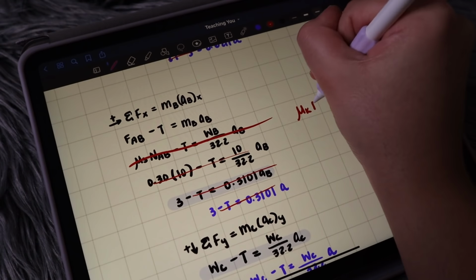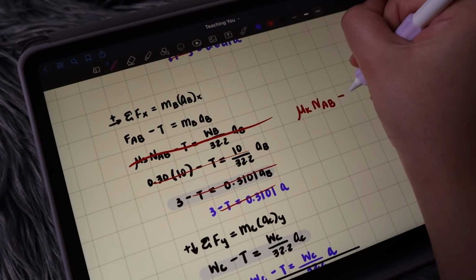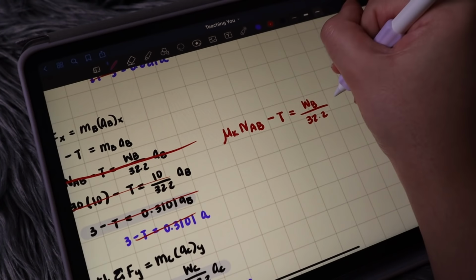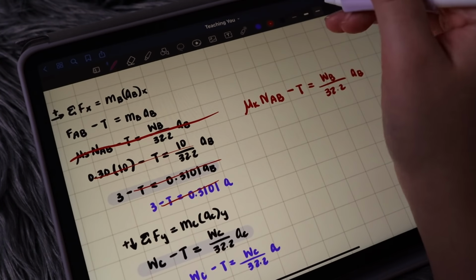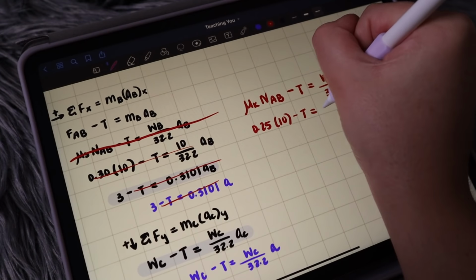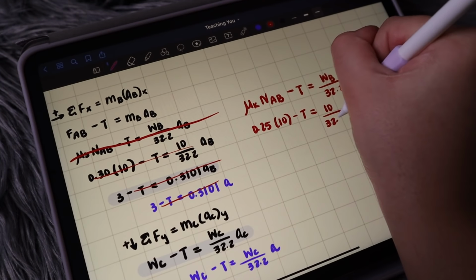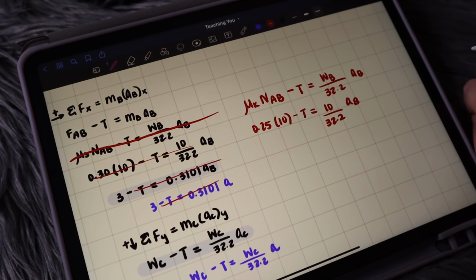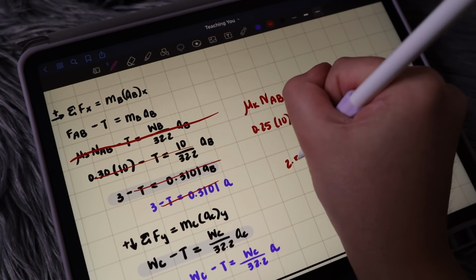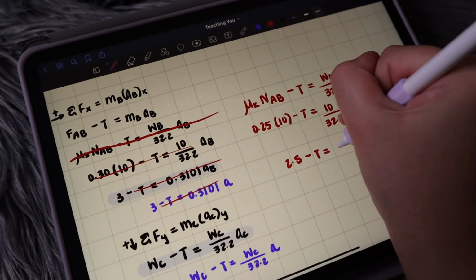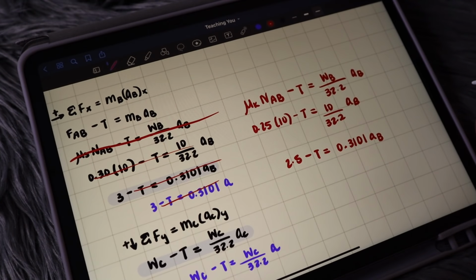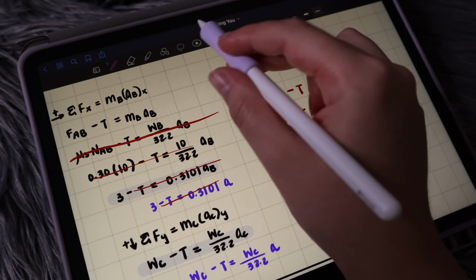It's going to become mu k times the normal force between A and B minus t equals weight B divided by 32.2 times acceleration of B. So we have 0.25 times 10 minus t equals 10 divided by 32.2 times your acceleration of B. Simplifying this a little bit more, we have 2.5 minus t equals 0.3101 AB. So another equation.